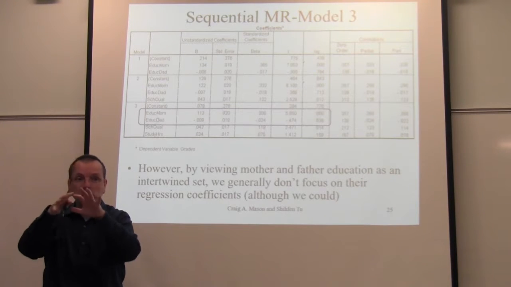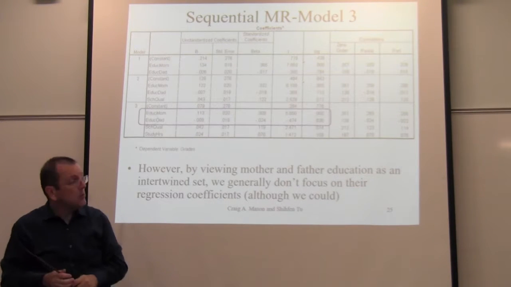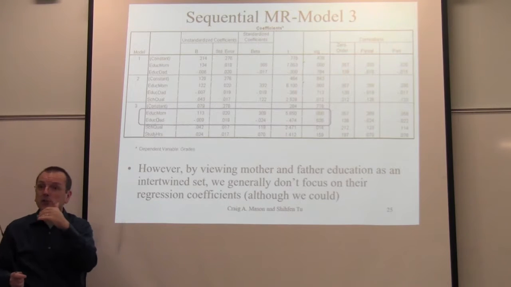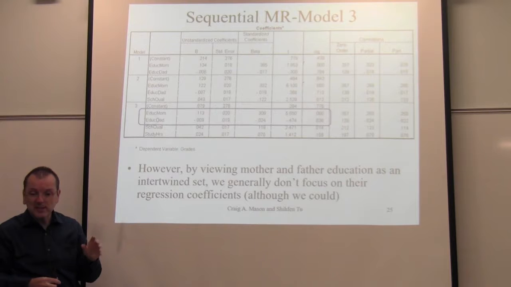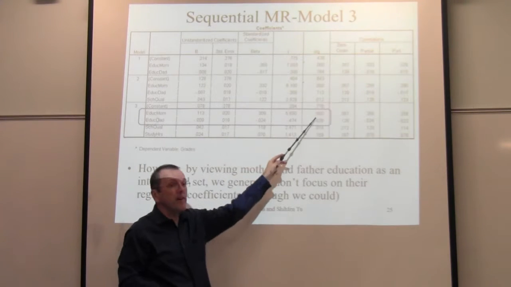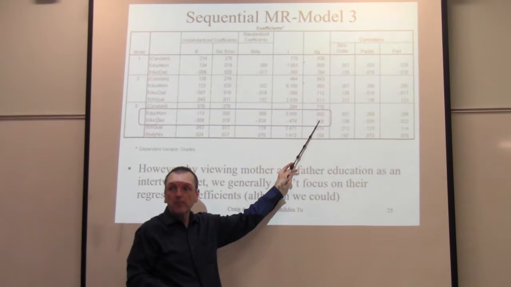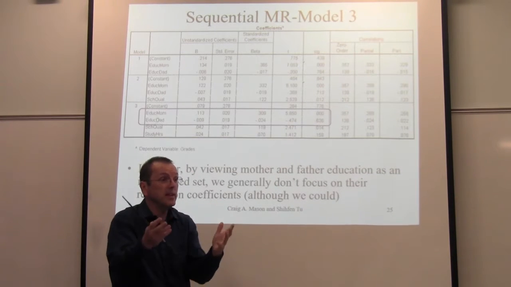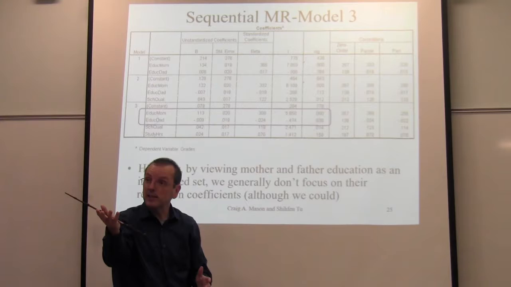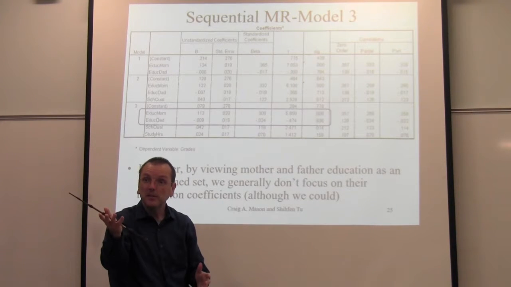construct, it's just parent education. As was implied when I just went through those regression coefficients, you can still look at the individual effect of each. And we see that even though we treated them as the same thing, think back to basketball.